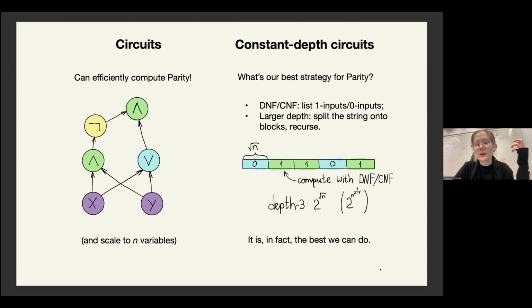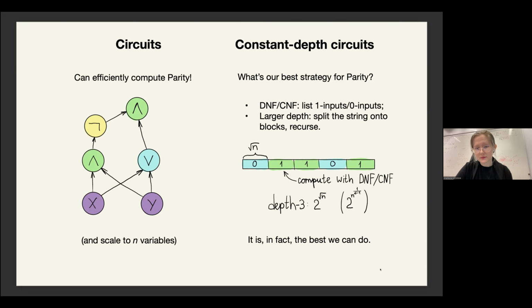And more generally, for depth-d circuits, we get the upper bound 2 to the n to the 1 over d minus 1 with this recursive strategy. There are some constants in the exponent, which I am not writing here, but we don't care that much. And it is the best we can do, in fact, for parity.